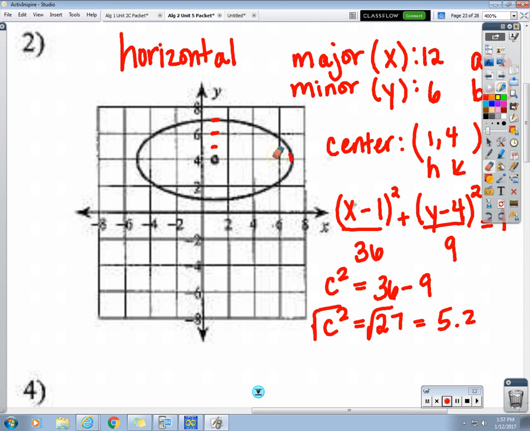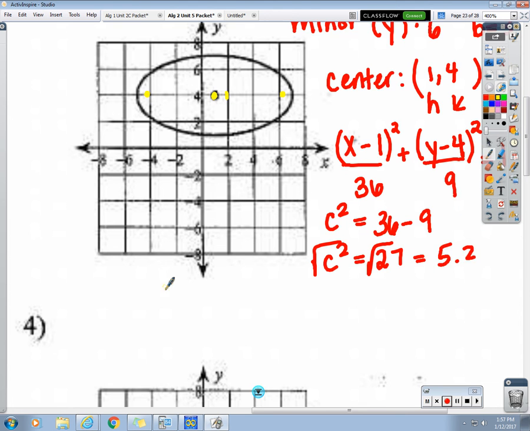Okay, so the foci always go on the major axis. So look, from the center, 5.2 would be 1, 2, 3, 4, 5, and then just a teeny bit past that. And then 5.2 this way would be 1, 2, 3, 4, 5.2. Now when we go to write those two coordinates, both of them have a y value of what? 4.